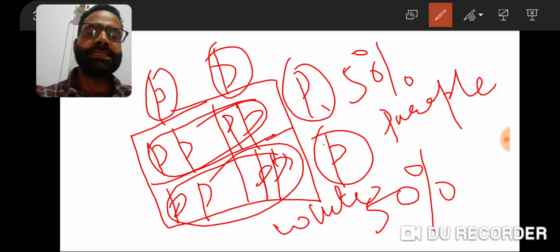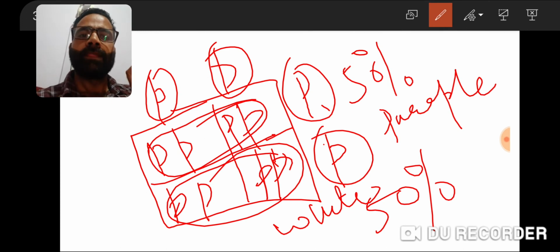So in this case, if the plant is heterozygous, then 50% will show the dominant phenotype and 50% will show the recessive phenotype.